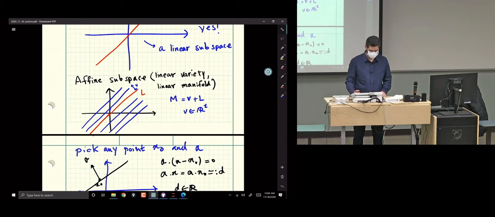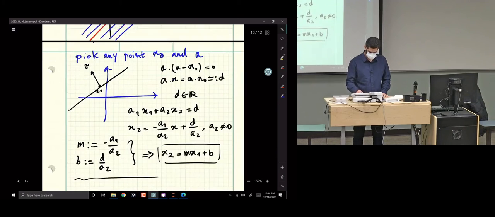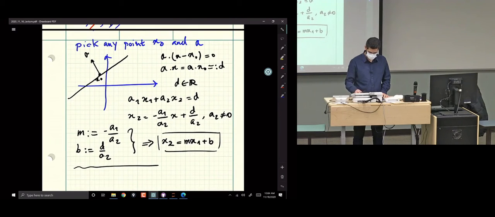Those are all valid, but they're not going through the origin, so we call them affine subspaces, as opposed to linear, where the origin is fixed. Then we showed that this is equivalent to what we learned previously, that the line has a slope and y-intercept.